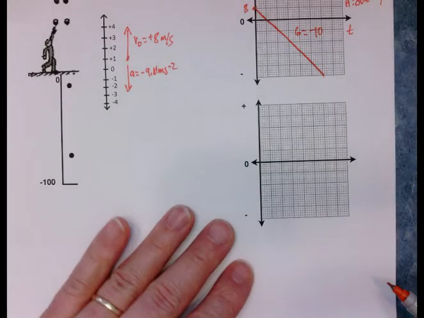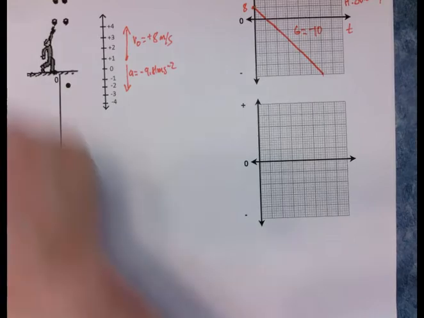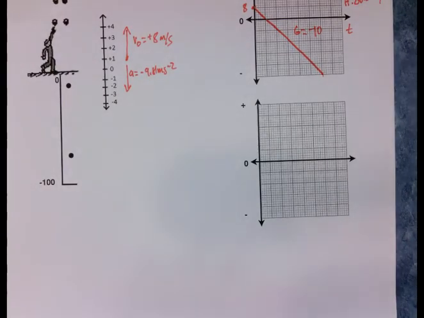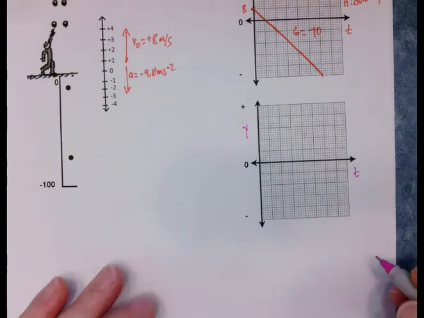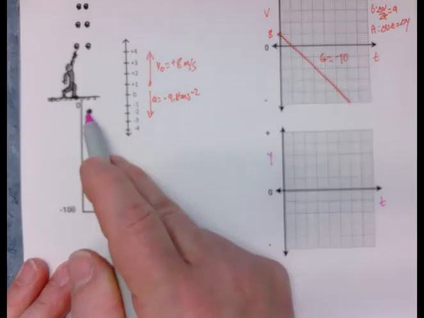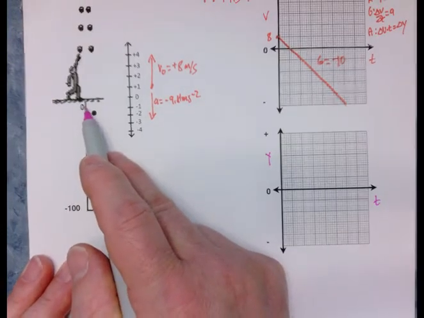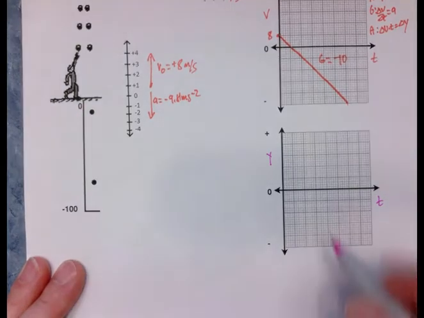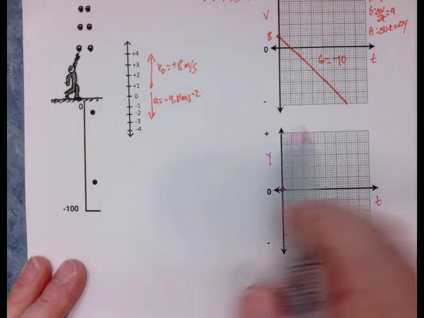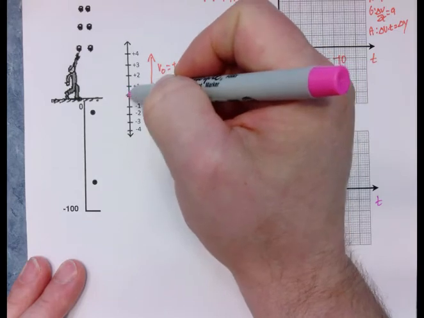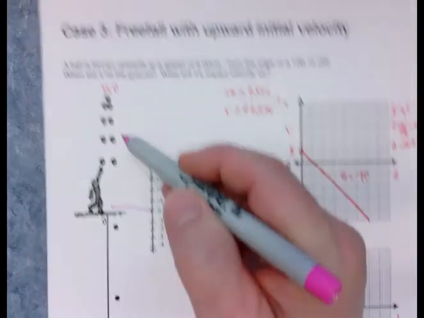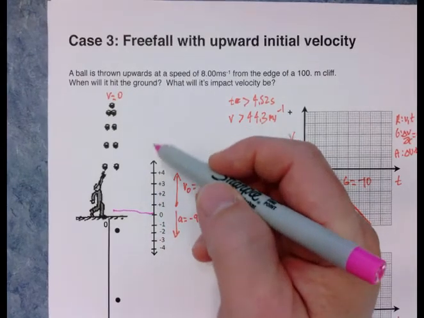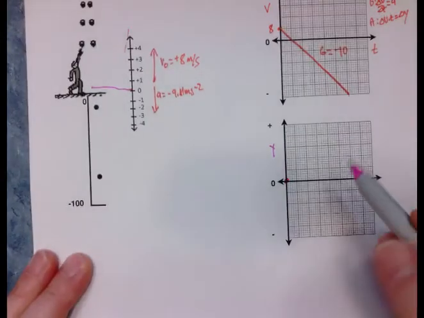Now let us consider the displacement time. Now again, just like in the other cases, we have a position of 0 as our initial position. But notice if this is the initial position of 0, it goes well up above into the positive area and then comes down.